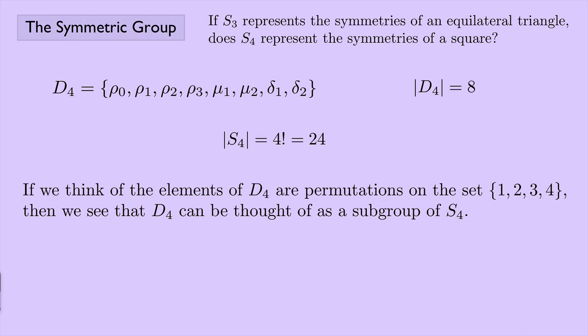But if we think of the elements of D4 as permutations on the set 1, 2, 3, and 4, then we see that D4 can be thought of as a subgroup of S4. Remember, that's when we think of it in that way. And remember the notation, when we say something is a subgroup of something else, we use what looks like a less than sign, in this case less than, since D4 is a subgroup of S4 when you think of D4 as permutations on the set 1, 2, 3, and 4.